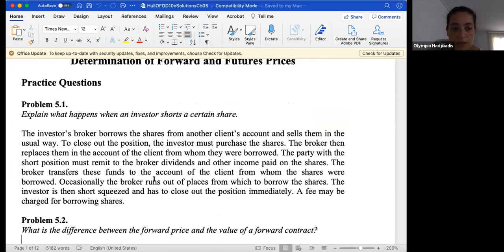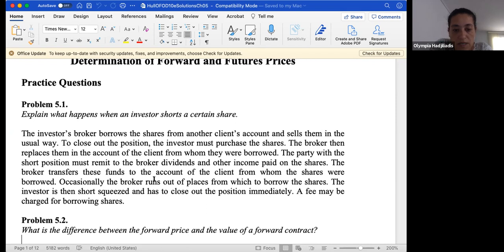The broker then replaces them in the account of the client from whom they were borrowed. The party with the short position must remit to the broker dividends and other income paid on the shares. The broker transfers these funds to the account of the client from whom the shares were borrowed.